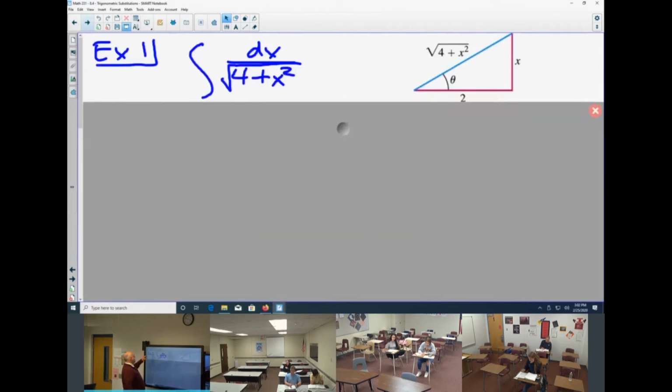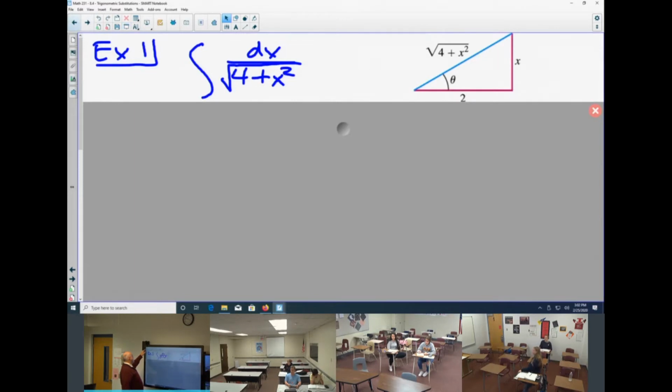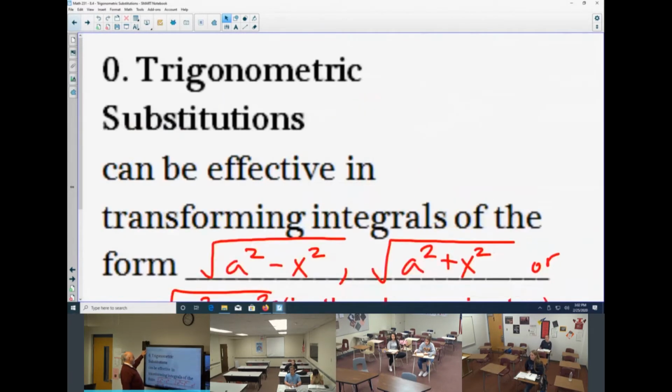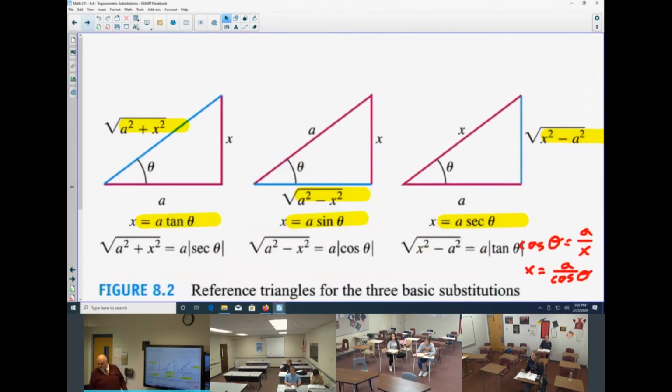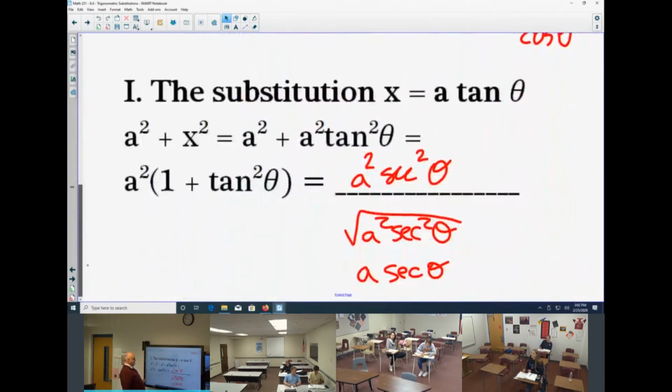Sorry, I didn't realize I had to scroll down. Okay, so part one, the substitution x equals a tangent theta.